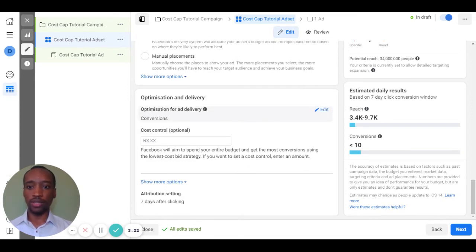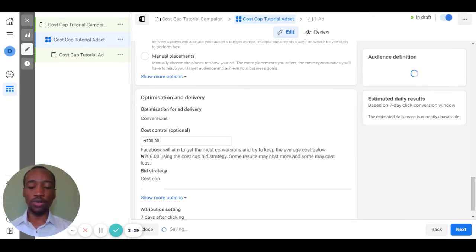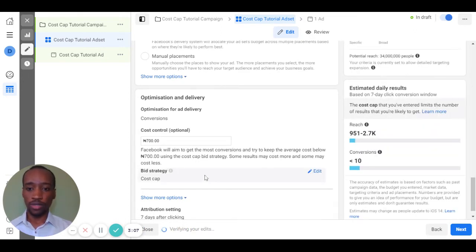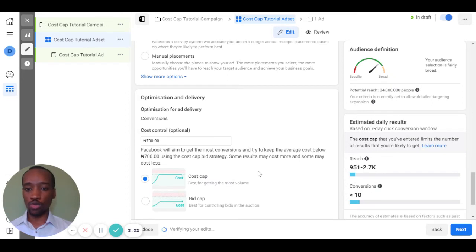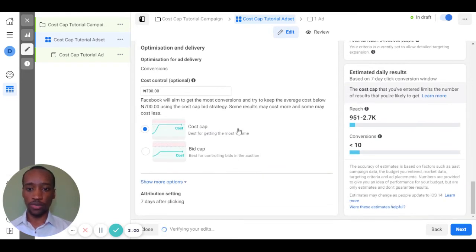Here you can see in the optimization for ad delivery, it's conversion, and the cost control system. Let me pop in a number. This is the amount of money that you are willing to pay for each conversion. Do you understand? In this bid strategy, there are two options for you to choose from.